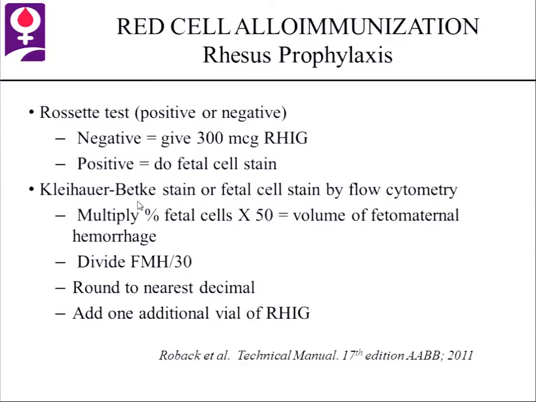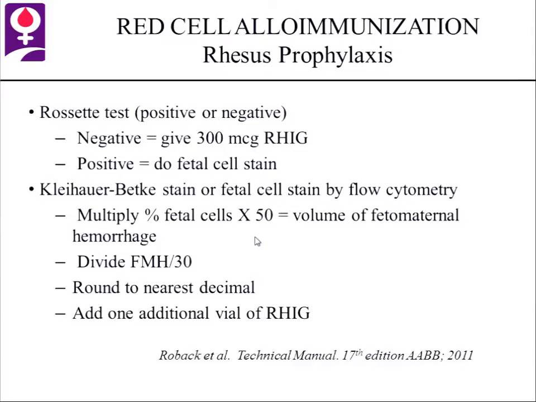Most laboratories continue to do the Kleihauer-Betke stain, which is very difficult to do. Some do flow cytometry. I think only about 3% of blood banks in the country do flow cytometry for this. It's interesting when you look at the blood bank guidelines on how to figure out the dose of rhesus immune globulin. They take the percent of fetal cells, multiply it by a factor of 50, which is equivalent to a maternal blood volume of 5 liters.